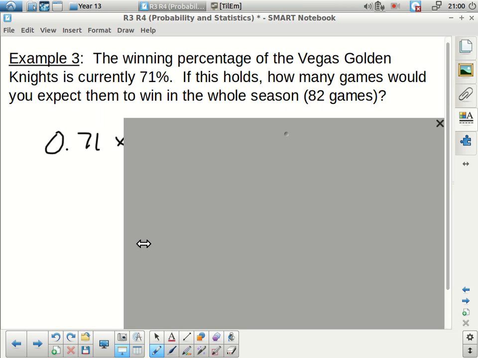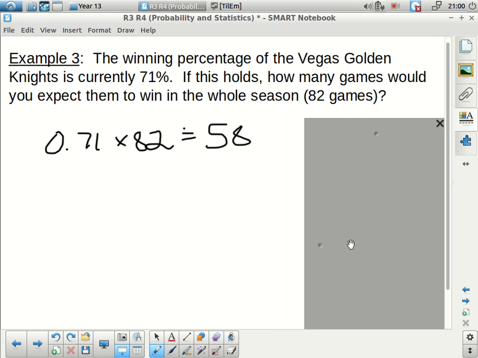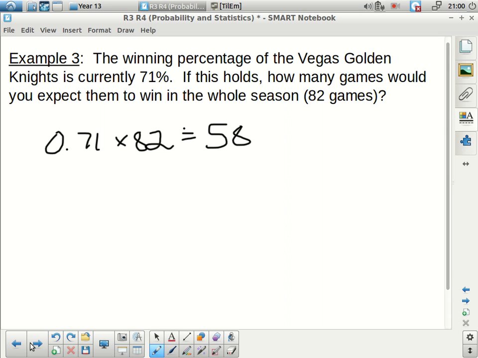So we just have to calculate 0.71 of 82. I multiply those together, and that comes out to about 58 games. So if they can maintain that winning percentage, they should win close to 58 games this season.